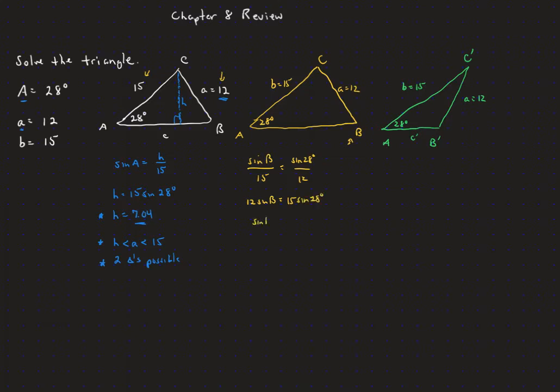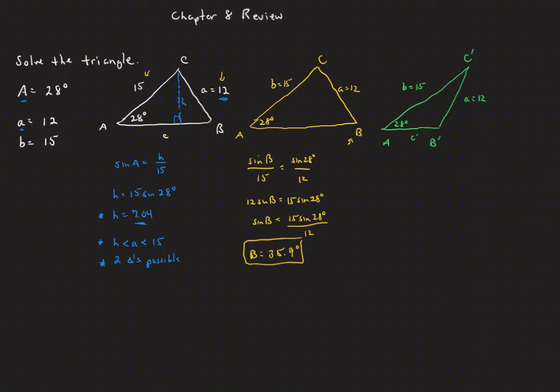So sine of B is going to be 15 sine 28 divided by that 12. So I'm going to take an inverse sine: second sine of 15 sine of 28 divided by the 12, and that's going to be about 35.9 degrees. Now that's the angle B in the yellow triangle.